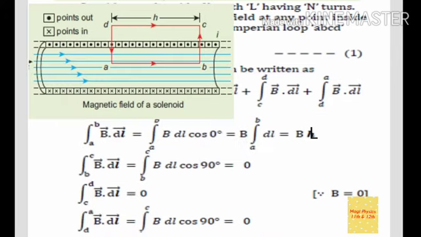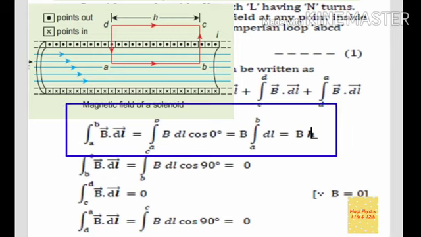In this equation, the first term, integral A to B B vector dot dl vector, is equal to integral A to B B dl cos theta, because it is a dot product. A dot product must be written in terms of cos theta. Here you have to check the angle between the magnetic field B vector and the length element of the Amperian loop dl vector.